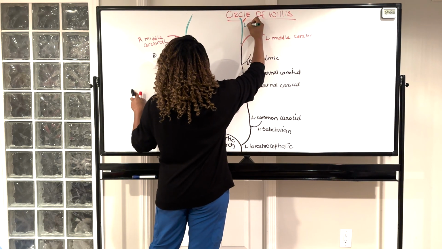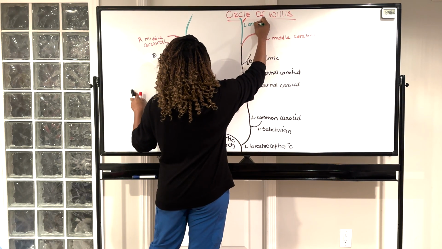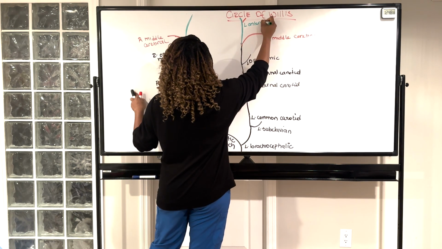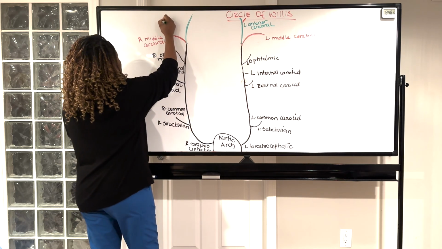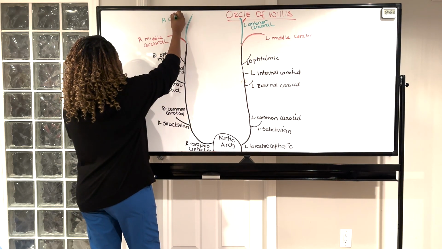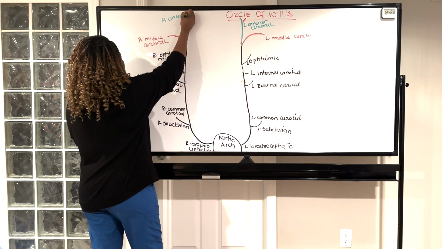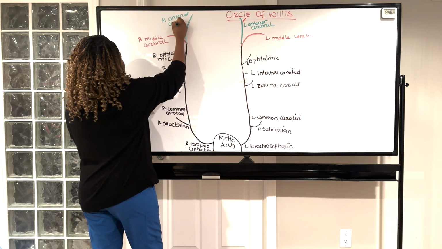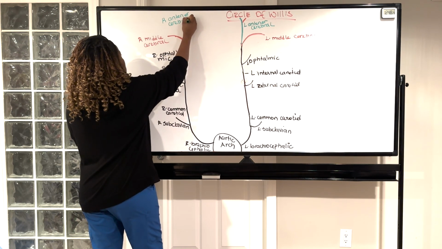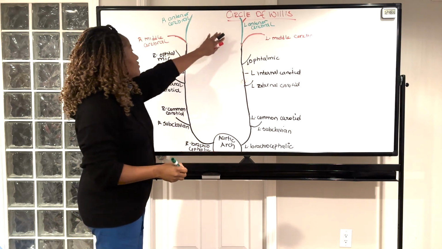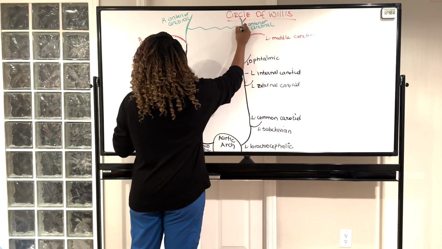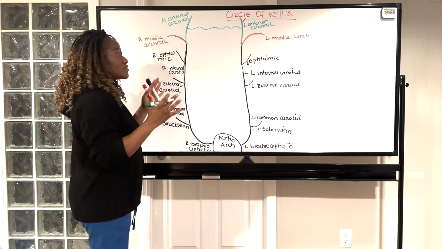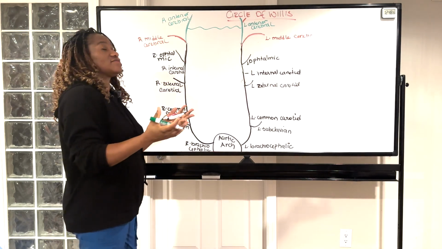So here is gonna be our left anterior cerebral, and here is gonna be our right anterior cerebral. And these two anterior cerebrals are gonna be joined together by the anterior communicating artery.